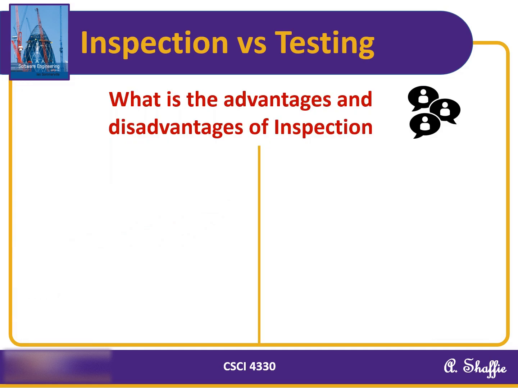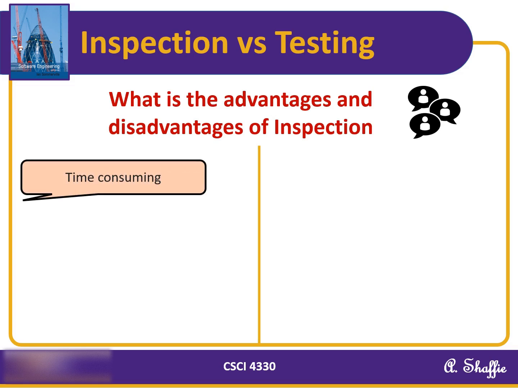Now let's discuss the advantages and the disadvantages of the inspection process. As usual, I encourage you to pause the video for a moment and think about both the strengths and limitations of this process. Let's start with the disadvantages. Time consuming. This inspection process can take a significant amount of time since it requires detailed manual reviews.